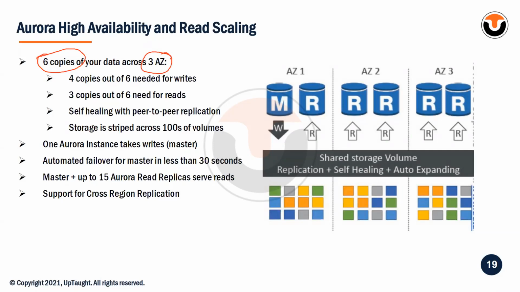In each availability zone, you have 2 copies, a main instance and a replica. Out of the 6 copies, 3 are read only. And they use peer-to-peer replication, so they just replicate to each other. You don't have to worry about that.